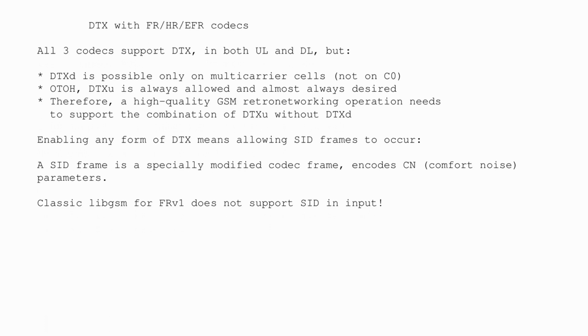And one really important point with DTX with these older non-AMR codecs is you have to think of it separately in downlink versus uplink. So if you want to enable DTXD, meaning discontinuous transmission in downlink, you have to have a multi-carrier cell.